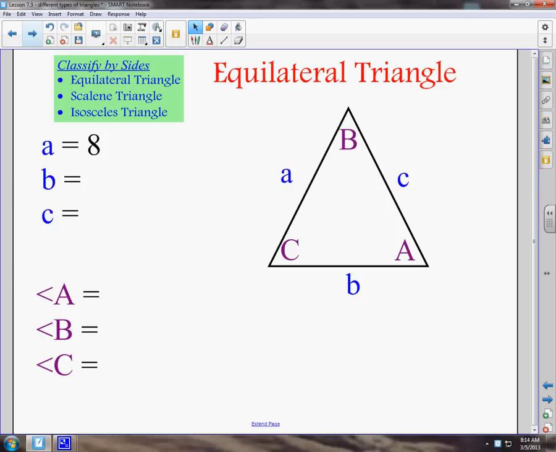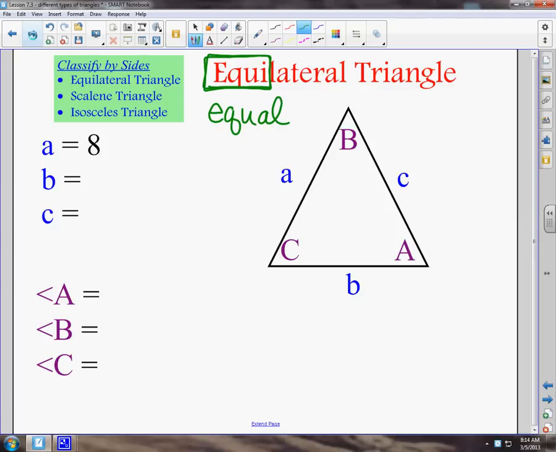First triangle is an equilateral triangle, which means, now here's the key word, equal. What does that sound like? To me, it sounds like equal, which means all the sides are equal.